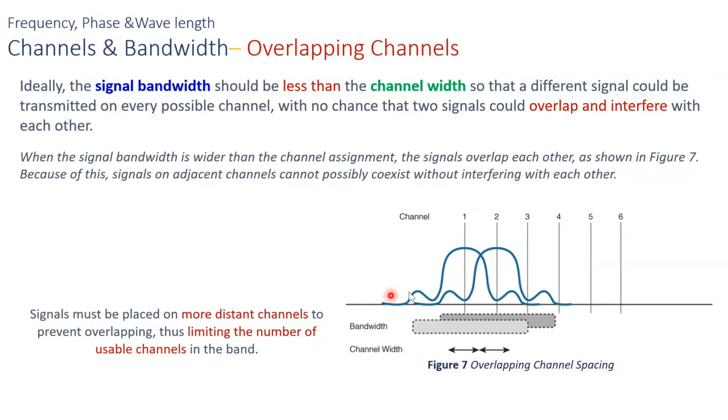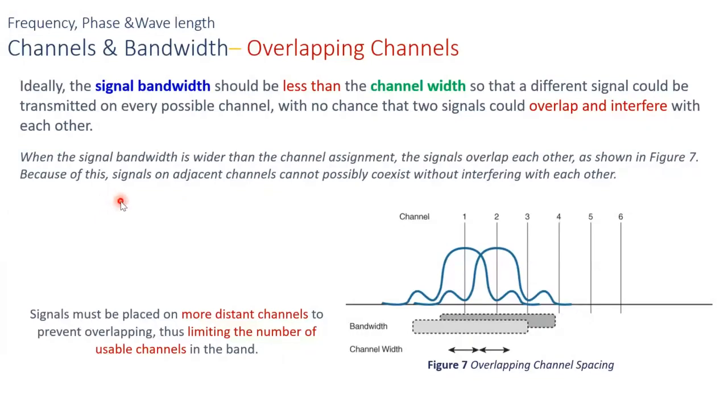But if I have it like this figure, where the signal bandwidth is bigger than the channel width, then for sure I will have overlap if I transmit on two contiguous channels. Here I need to select a different channel. So when the signal bandwidth is wider than the channel assignment, signals will overlap each other as shown in figure 7.